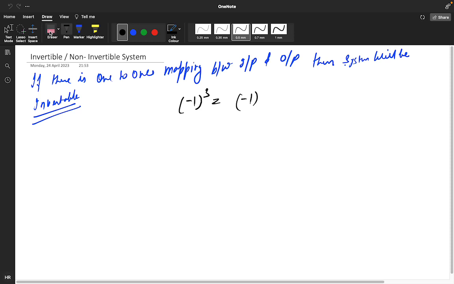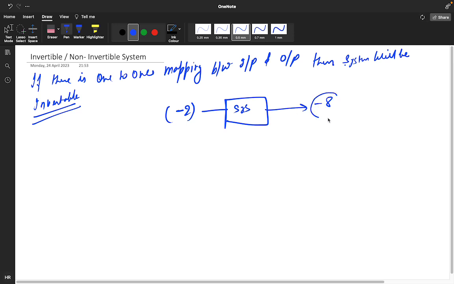A better example: you have a system, you are giving minus 2 and you are getting minus 8. What is the meaning? The system is doing cube.